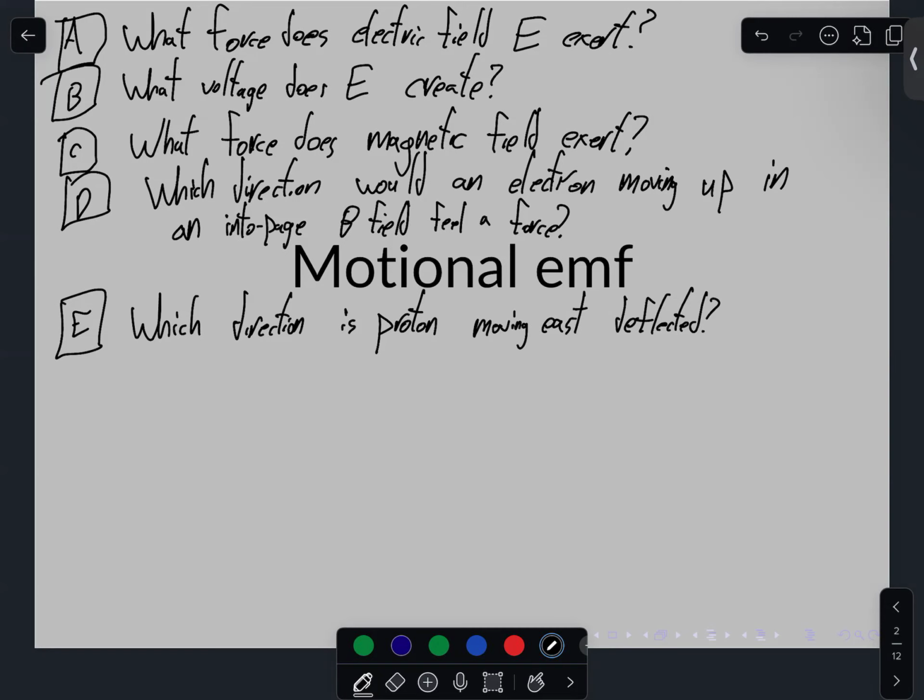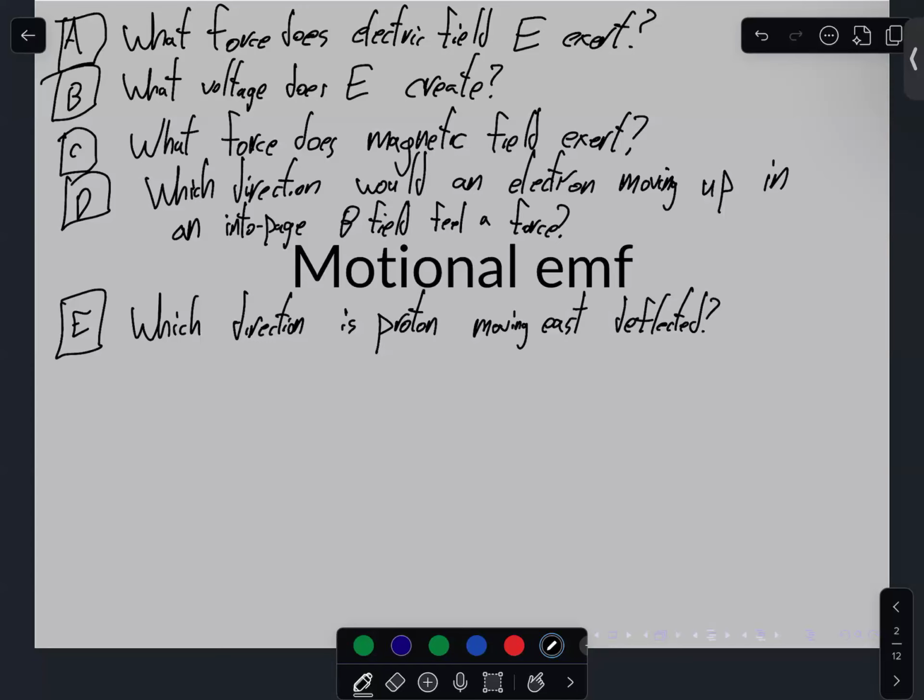Solve for force in 1 and 3, please. So velocity is up.